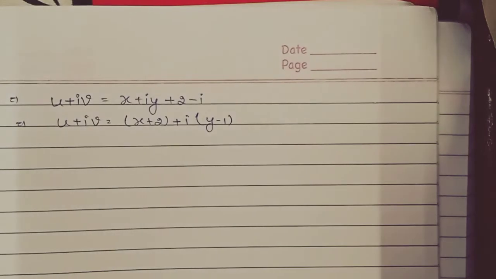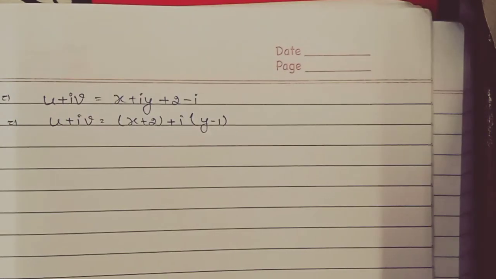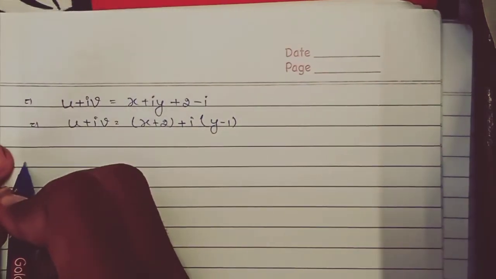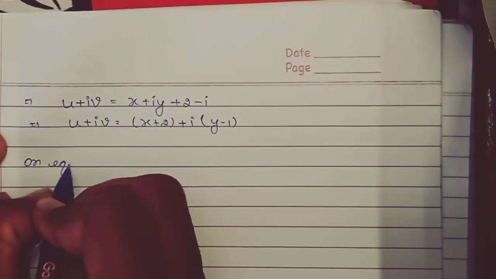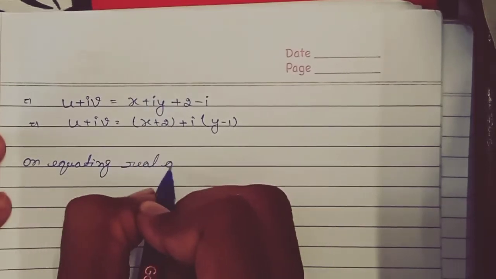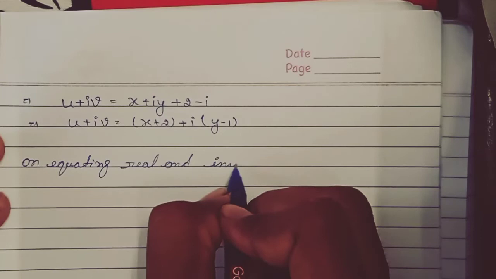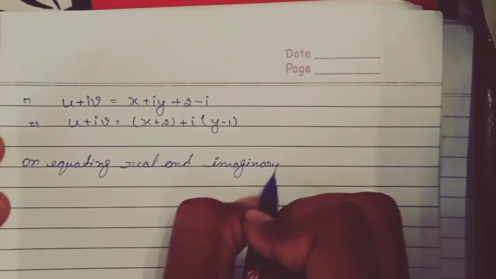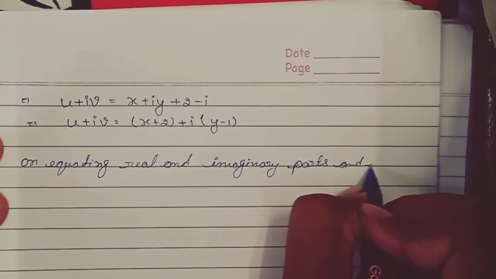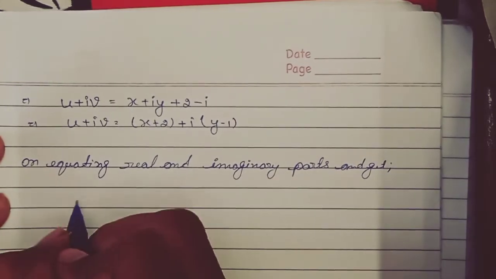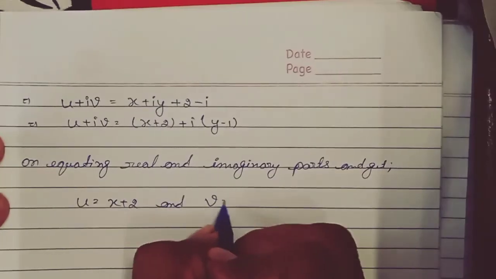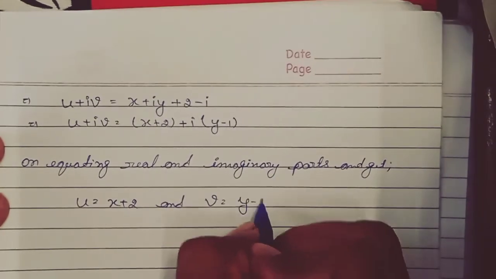Now we equate real and imaginary parts separately. So on equating real and imaginary parts we get u equal to x plus 2 and v equal to y minus 1.